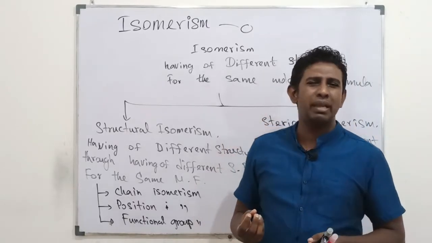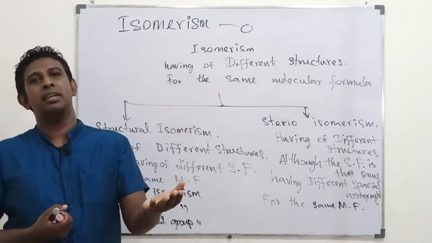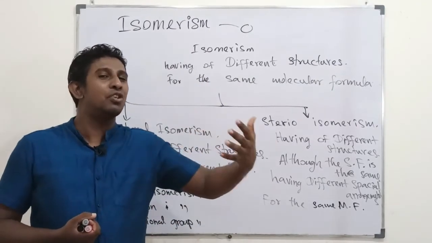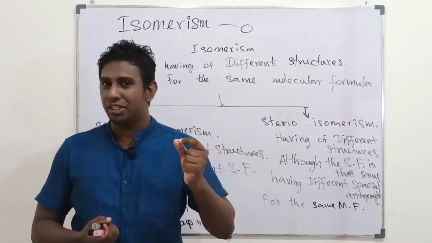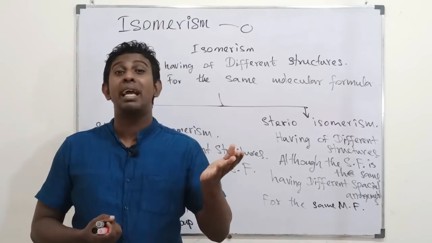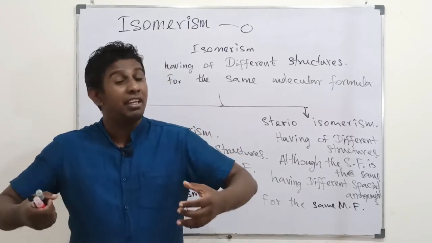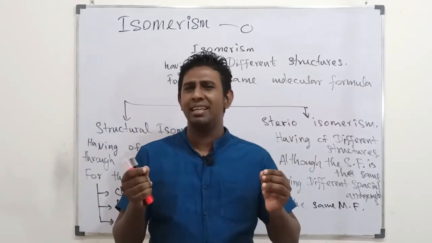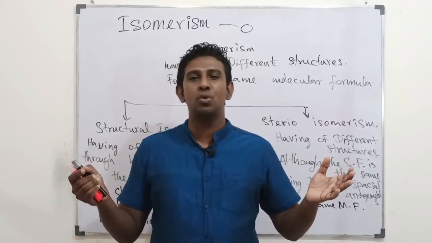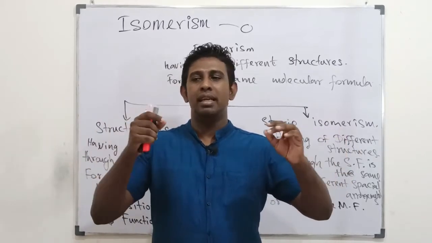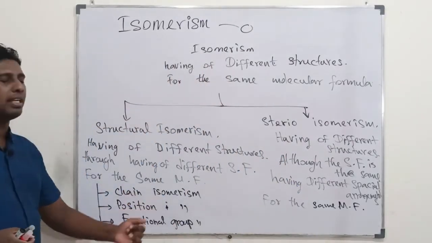Actually we are not reducing the carbon chain; you could have substances with such arrangements of their atoms. When you get more than one structure for the same molecular formula, having different structural formulae through different lengths of carbon chain, we call it chain isomerism.